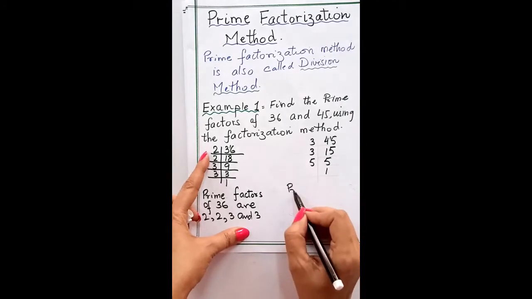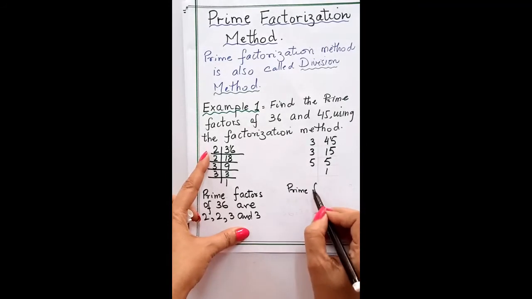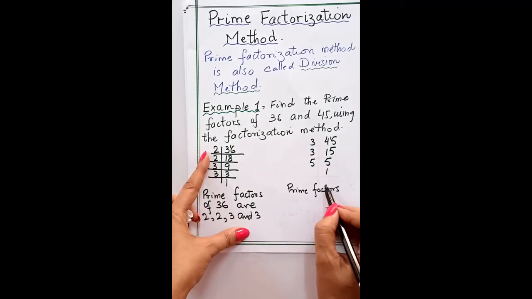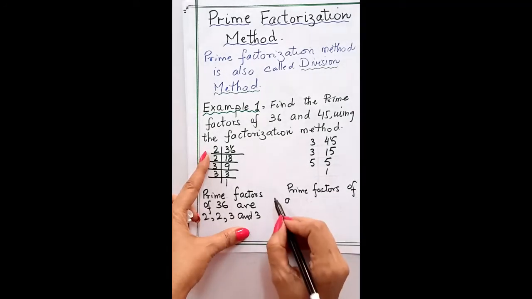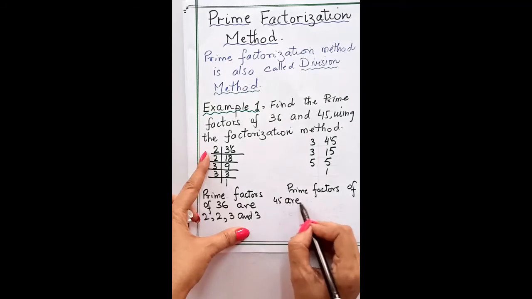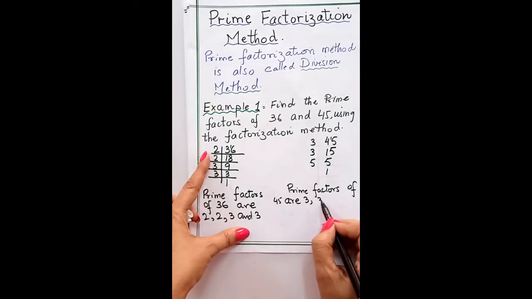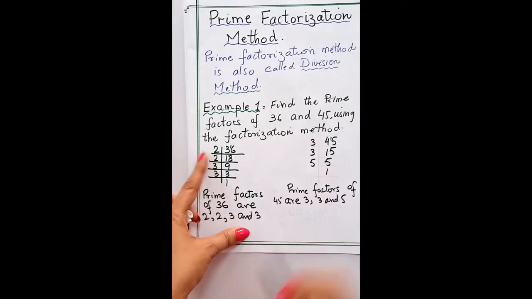Now the prime factors of 45 are 3, 3 and 5.